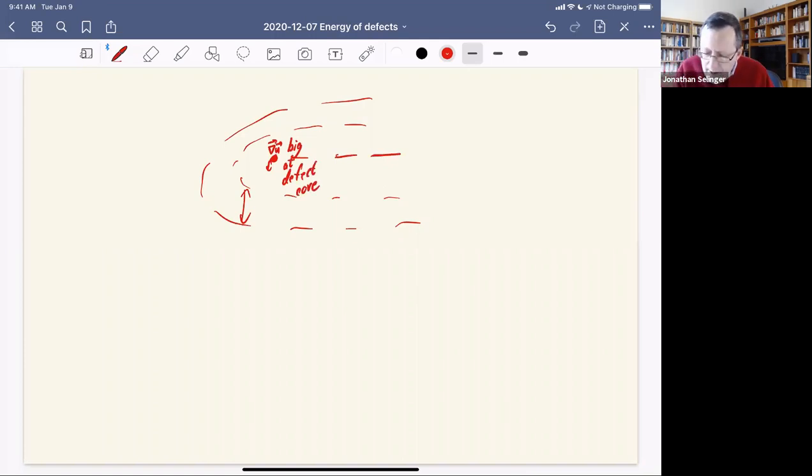And so the liquid crystal will respond to that in some way by changing S, okay? And so S might, for example, go to 0 at the defect core.